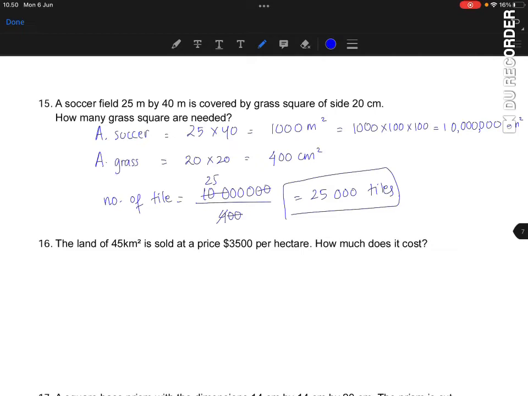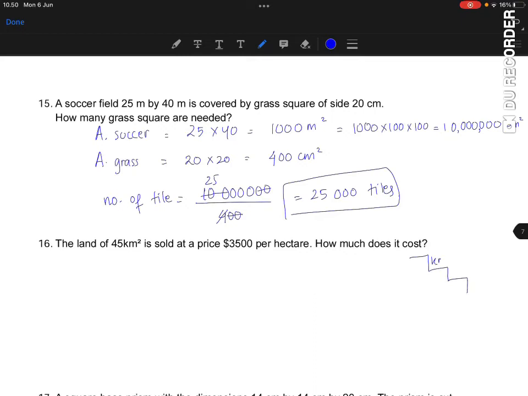Move on to number 16. Land of 45 kilometers square is sold at a price of $3,500 per hectare. How much does it cost? Okay, we have kilometer first, right? Then you sold it in hectare, so you need to convert it to hectare, guys. Remember, the hectare is hectometer square.